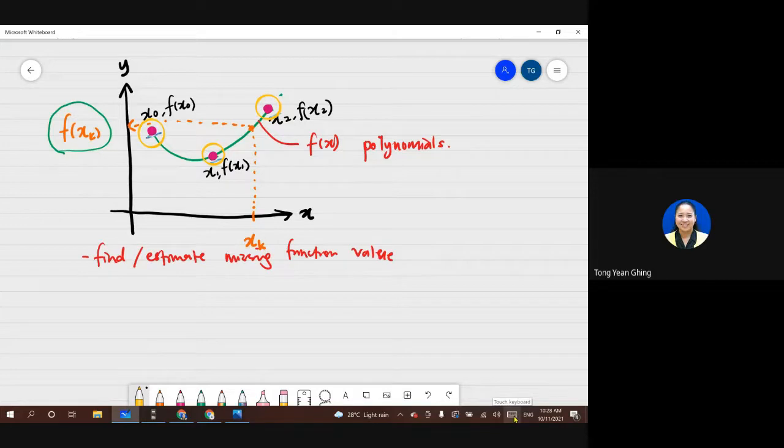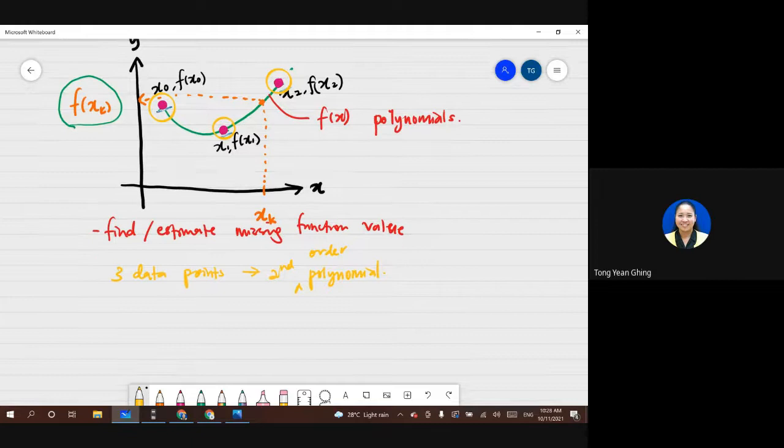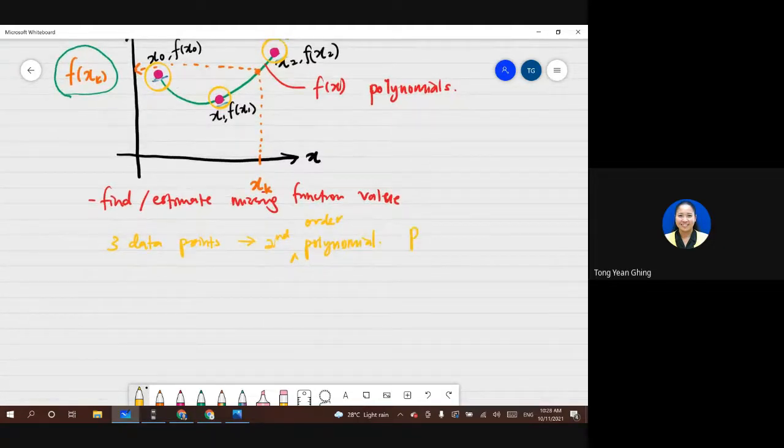When we have 3 data points, this is actually a second order polynomial. So this is P2(x). We can say it like that.